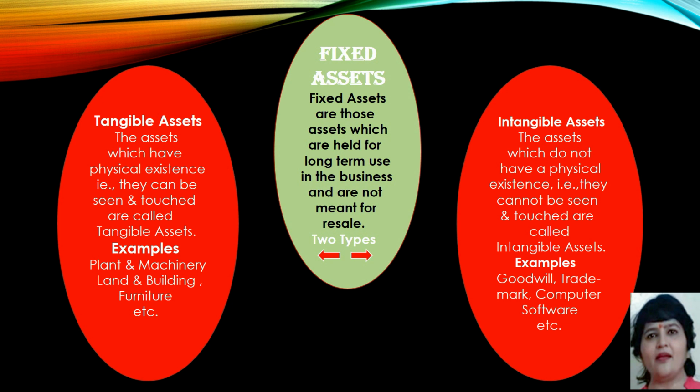There are two types of fixed assets. One is tangible assets and second is intangible assets. Tangible assets are those assets which have physical appearance and physical existence. In other words, tangible assets can be seen and touched. And examples are plant and machinery, land and building, and furniture and fixtures.